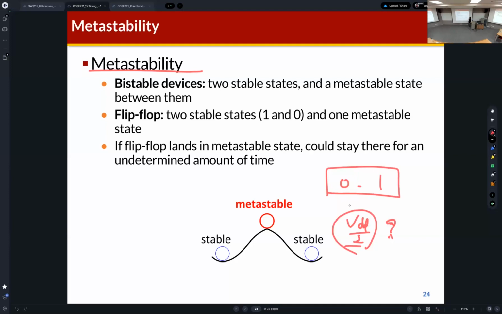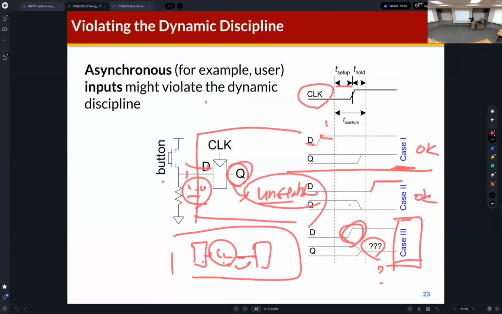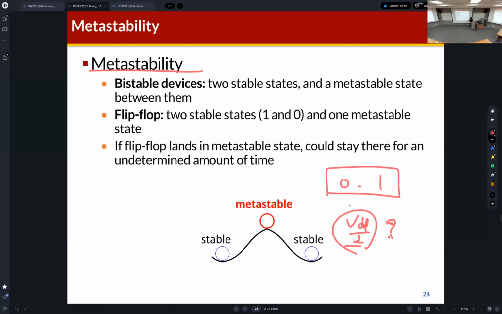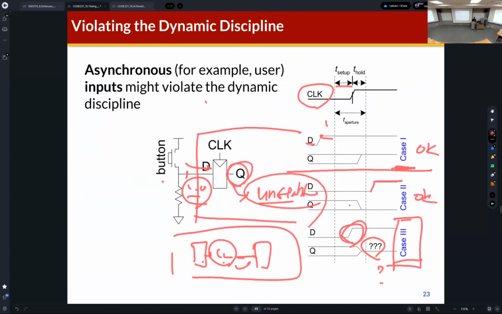Sometimes, because of the timing issue like case 3, if our input signal violates the setup time or hold time constraint, then we can observe this metastable state, which means that we don't know which value will be the output of this flip-flop. Also, we cannot avoid this situation, right?